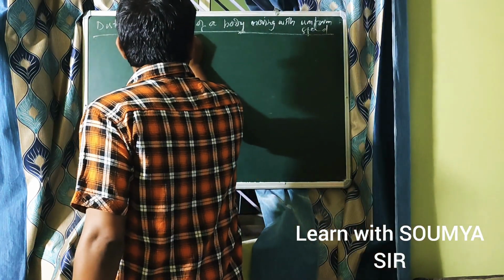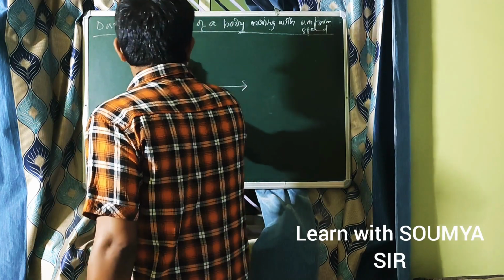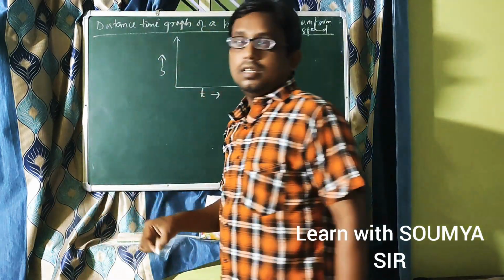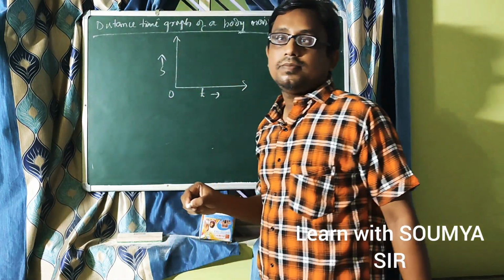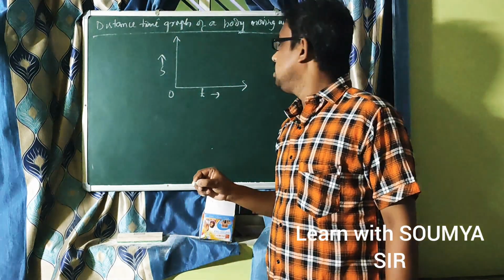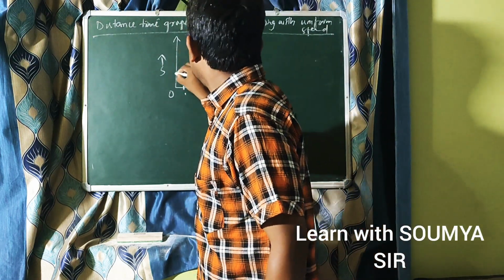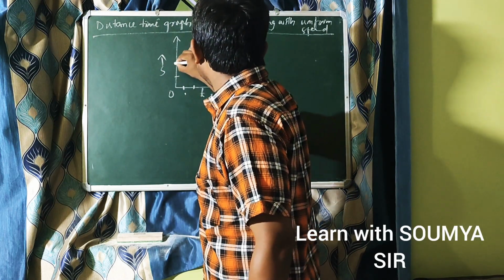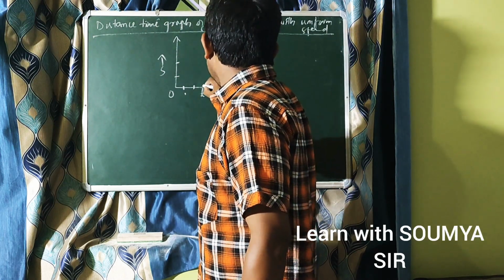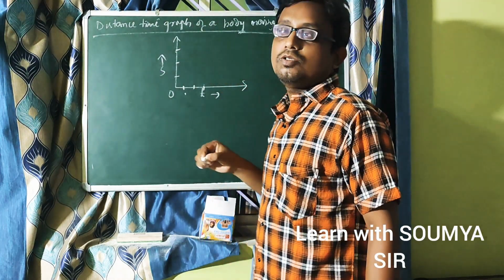So let us take, this is the time, this is the distance. This is the point of observation, or we can say origin. Suppose at 1 second the body goes 2 meter. Next second the body goes next 2 meter. Next second the body goes next 2 meter. That means in each second the body goes 2 meter.